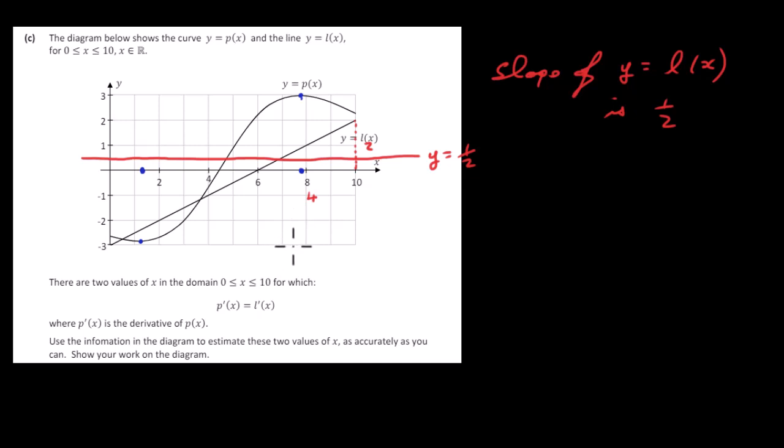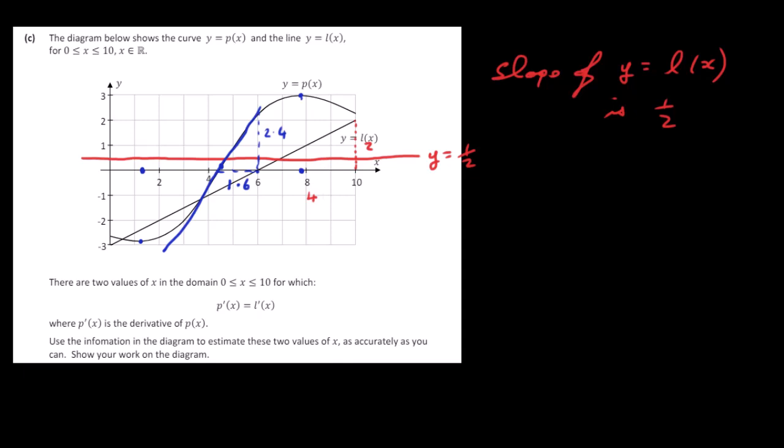Now the point of inflection is a little bit trickier. Let's see, the point of inflection is roughly around here, and the slope of the tangents around that would be, if we take a straight line down along here and take a triangle, maybe 2.4 here and about 1.6 here.